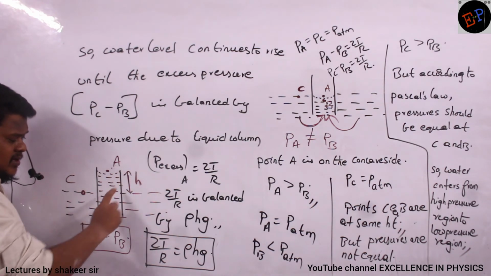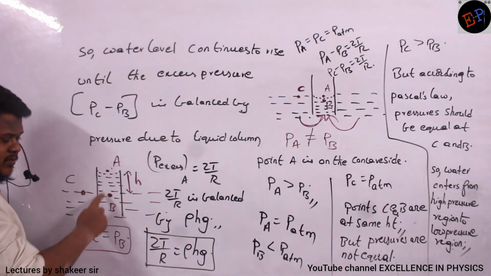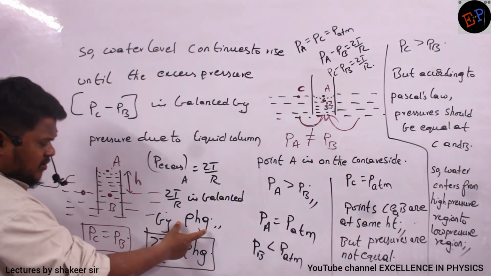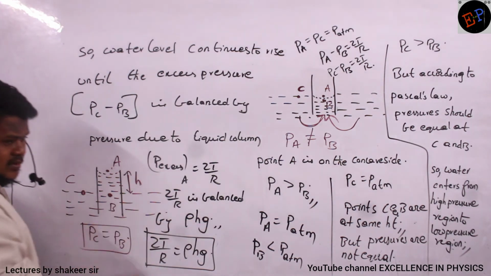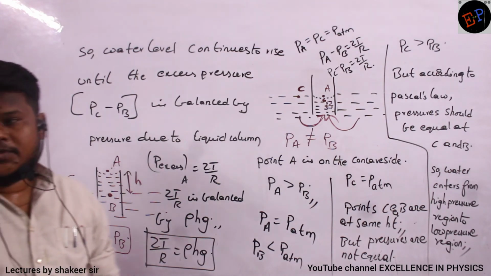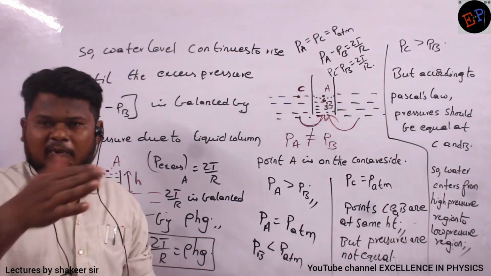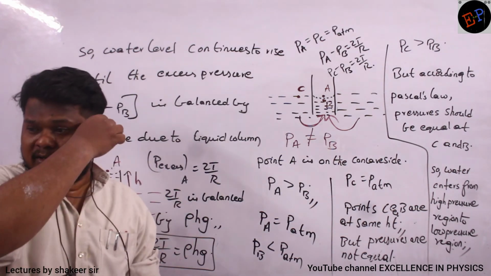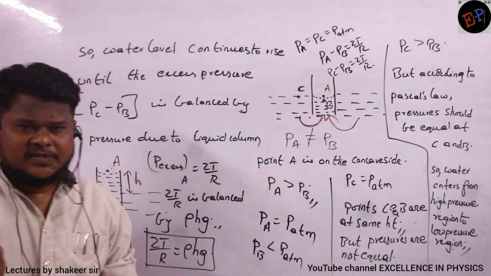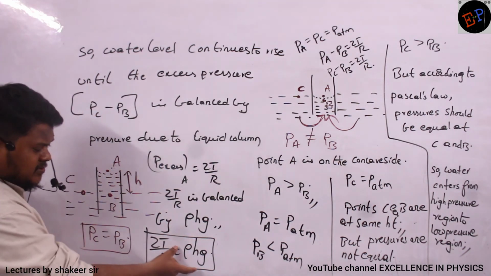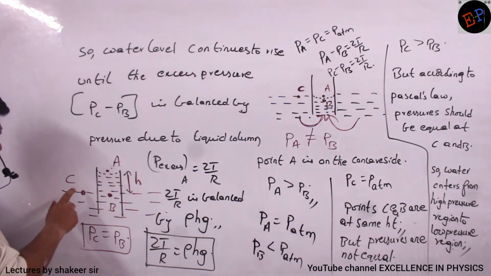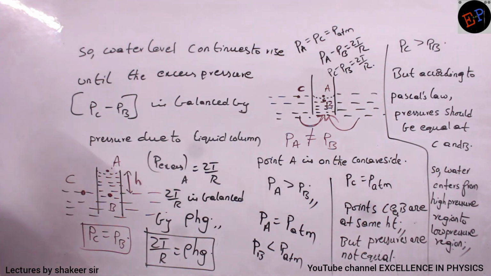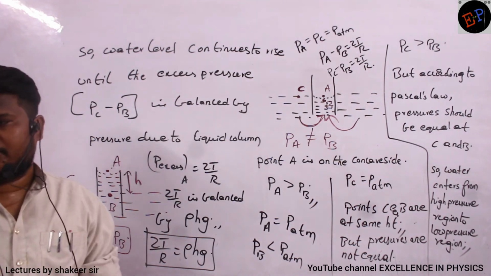Because of this liquid, an additional pressure will be created, no? Pressure due to liquid column. Pressure due to liquid column is how much? Rho Hg. This rho Hg balances the deficit in pressure, which is 2T by R. At point B, pressure is less by how much value? 2T by R. Is it clear now? That 2T by R is balanced by rho Hg. Now again you will see that at point C and point B, pressures are equal. Now pressures have become equal.